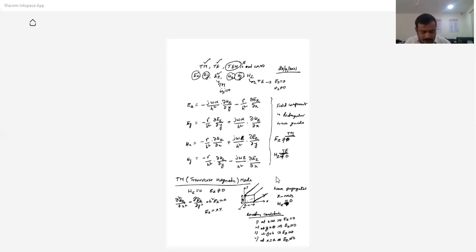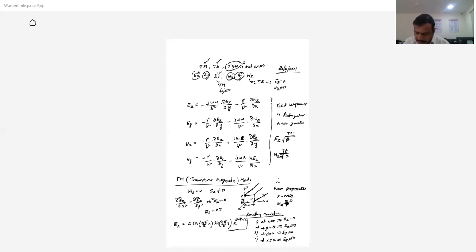So what is the Ez component after the 4 boundary conditions? Ez is equal to C sine(m pi by A into x) sine(n pi by B into y) e power j(omega t minus gamma z).